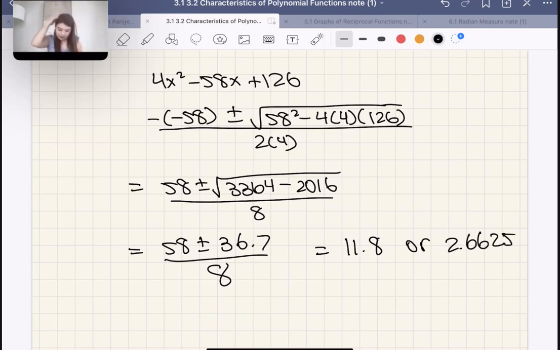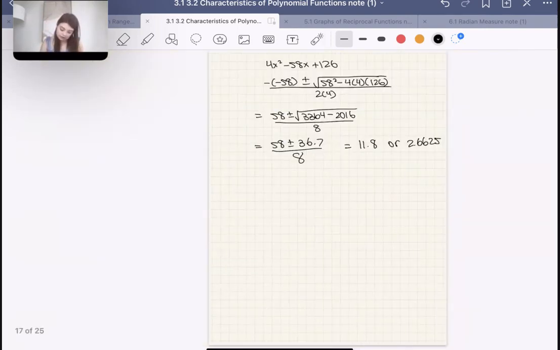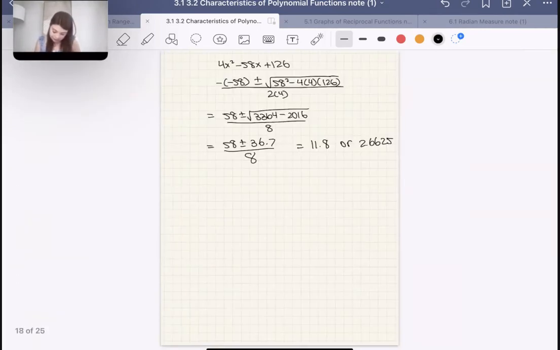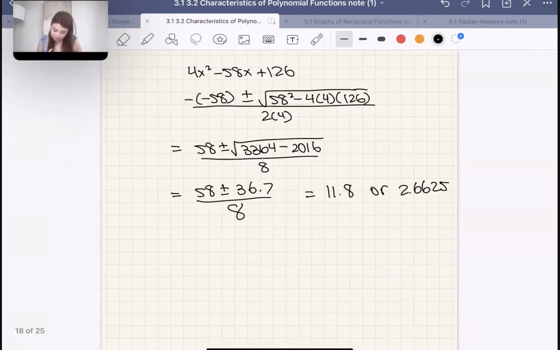Okay, so we actually solved in 2 ways, and keep in mind the question just said they wanted us to solve. They didn't say we had to fully factor, but now we figured out that the answer could be x minus 3, or the answer could be 11.8 or 2.6625, and any of those would be valid here.